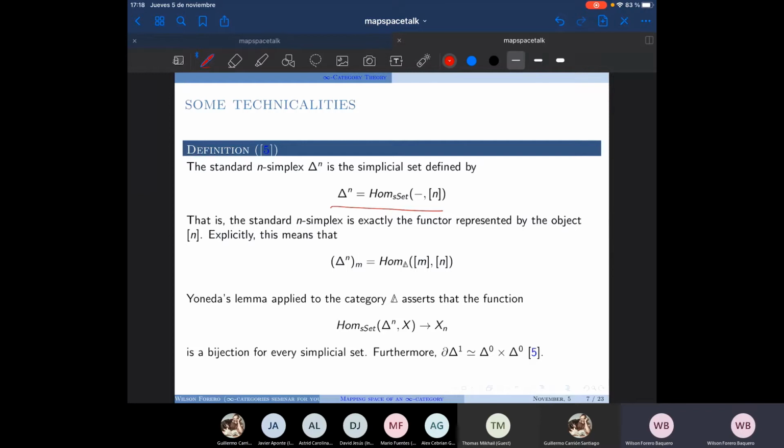We also have to remember that when we think of level n of a simplicial set X, the red circle is just all the possible morphisms from delta n to X. Another thing we have to remember is that the boundary of delta 1 is isomorphic to delta 0 coproduct delta 0. So it's just remembering some things that Thomas explained in the previous talks.